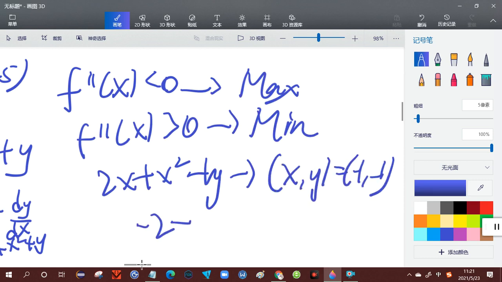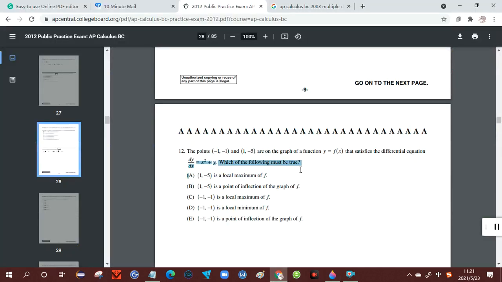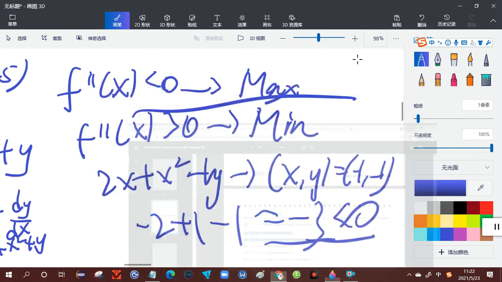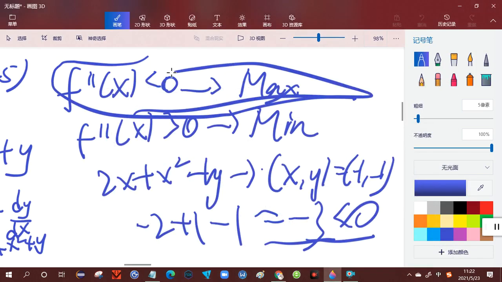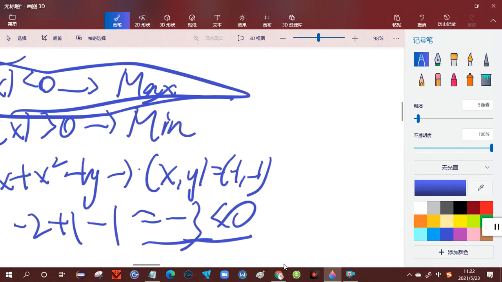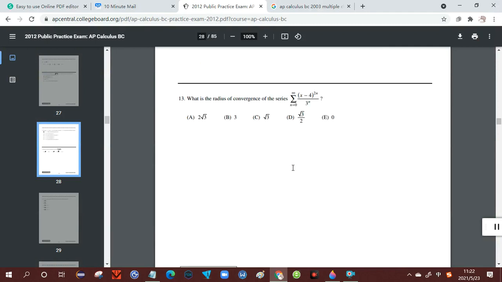So our result is -3. -3 is less than 0, so therefore it's a max. It is commonly mistaken that some people would choose A here because (1, -5) will also result in this. But since (1, -5) is not a critical point, it is not a correct candidate.